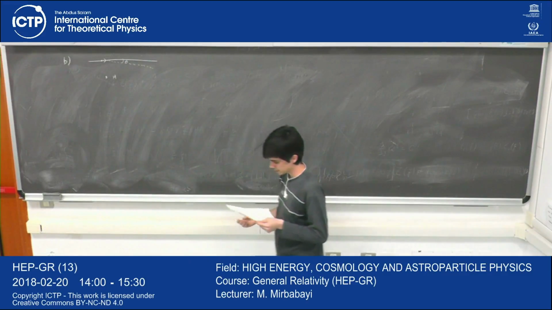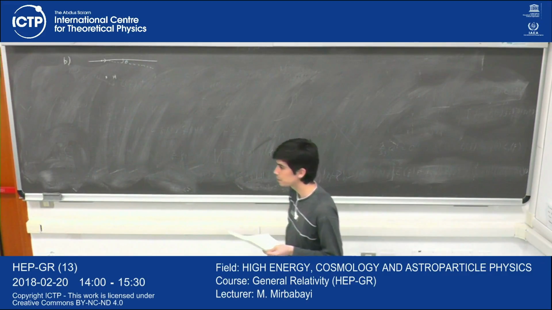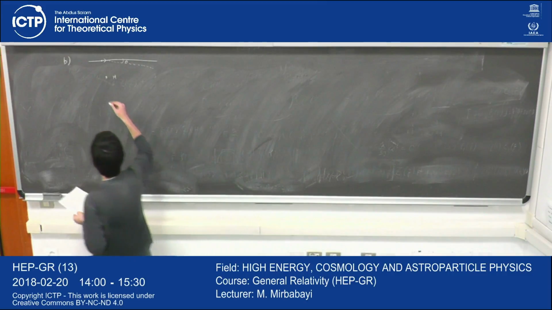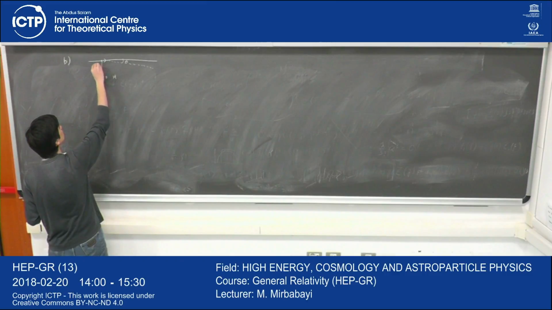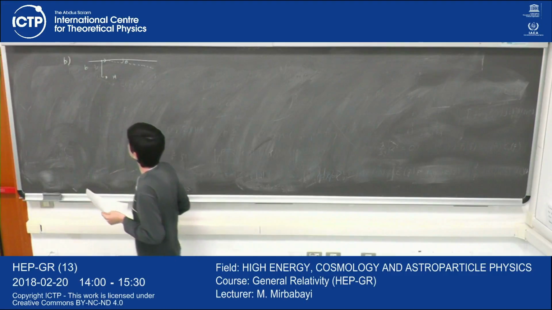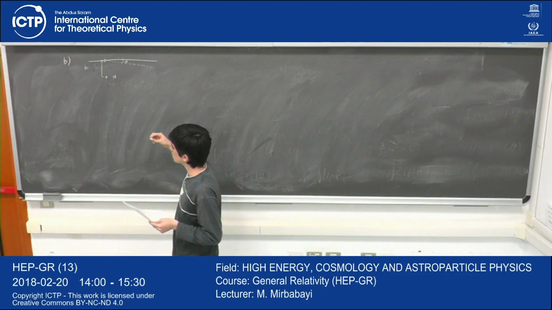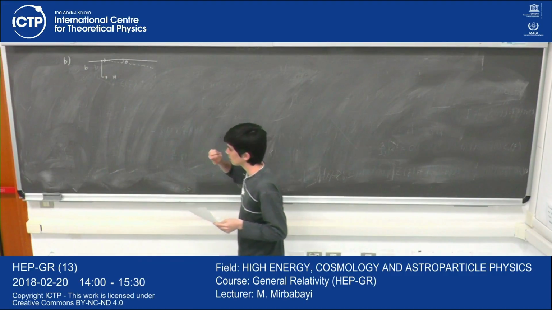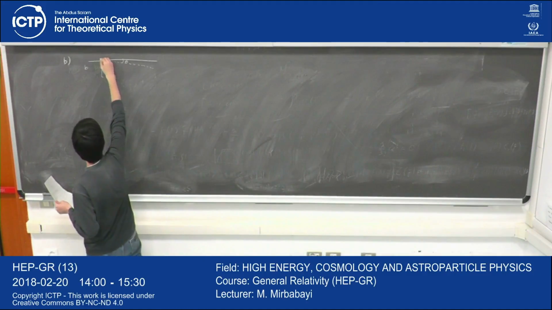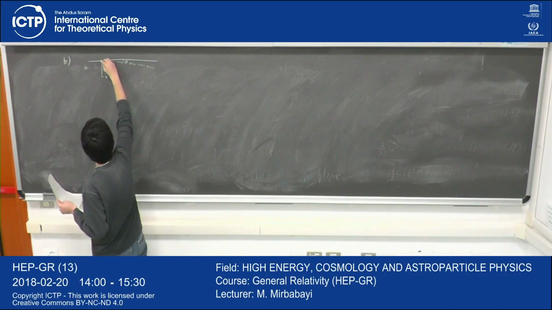Okay. Maybe you can also show what is b in here. According to this, b is the impact parameter, which is the distance, defined as the distance at which the particle starts bending.